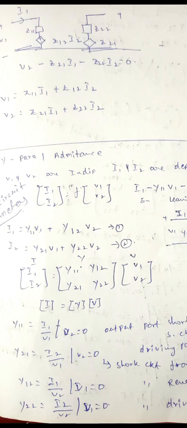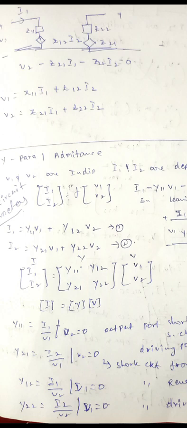Now we will substitute V1 equals 0 in equation number 1, that is the first KVL equation. Then we got y12 equals I1 by V2 upon V1 equals 0.